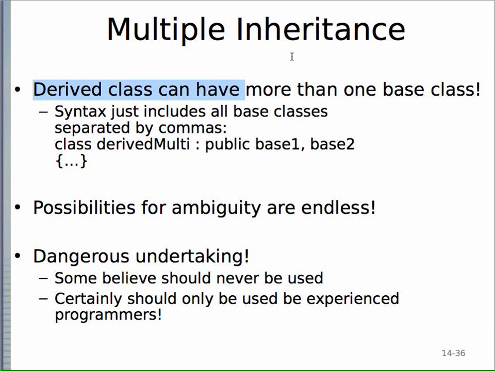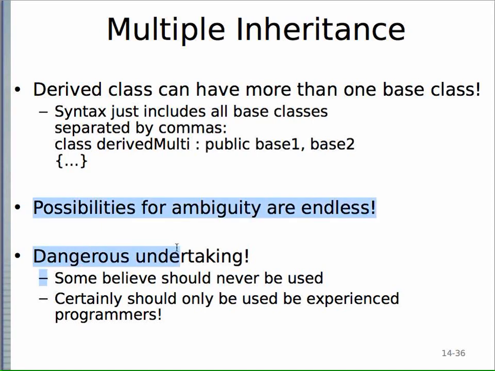I think the designers of Java did the right thing, because, as is written here, the possibilities for ambiguity are endless. I don't want to even start looking at some examples, but the book goes over some of them. If you have a class that inherits from two classes, and those two classes inherit from one ancestor class, then there are all kinds of problems we could run into.